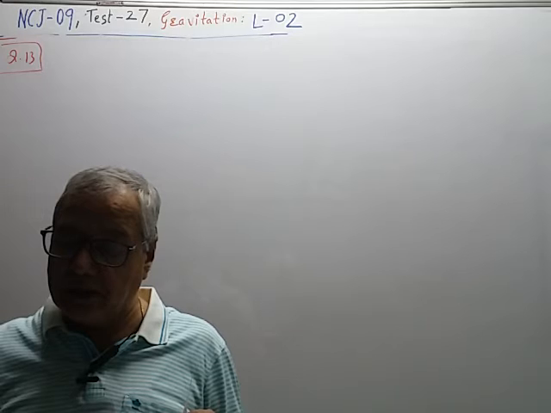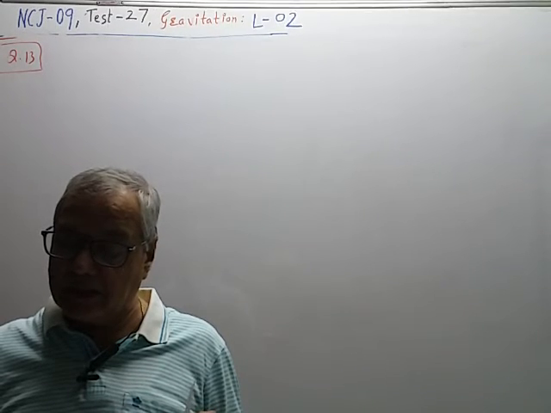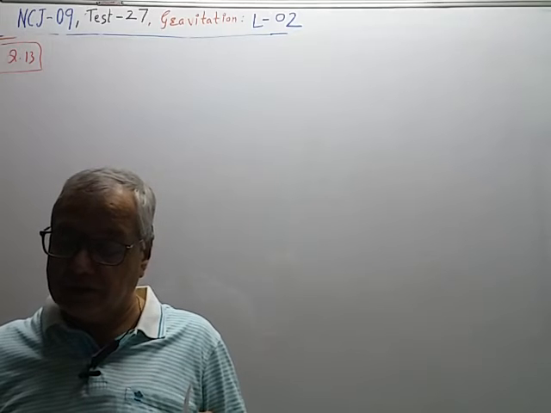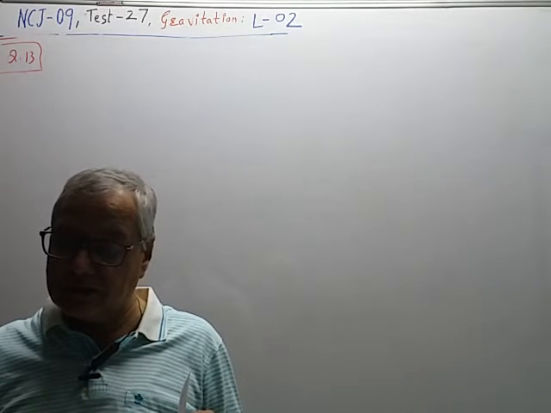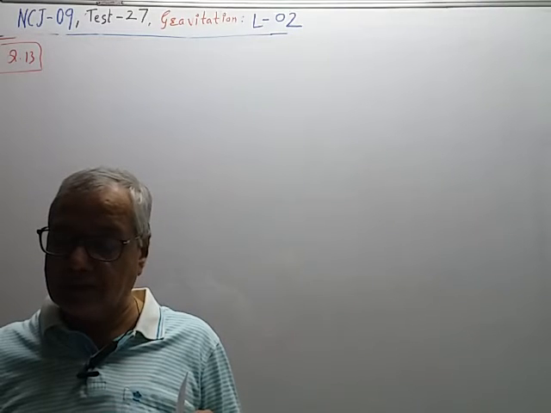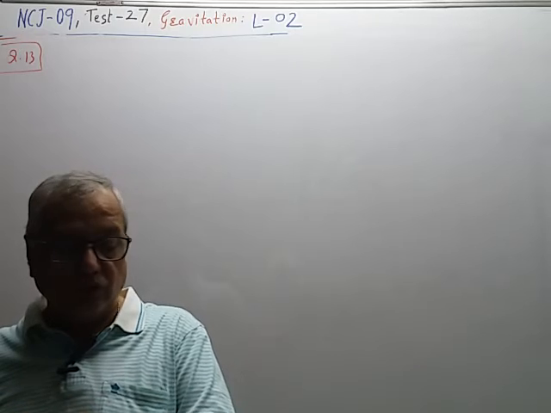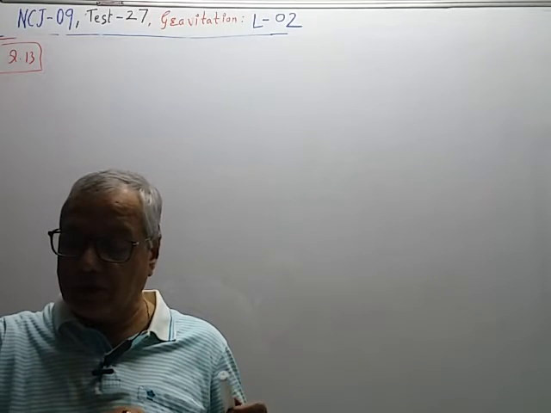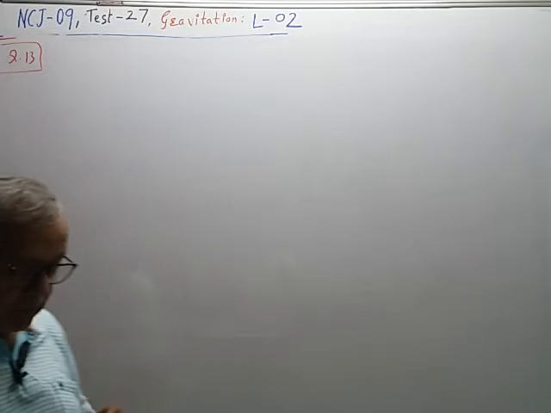Find the work to be done against the gravitational force between them to take the particle far away from the sphere. You may take G is equal to 6.67 into 10 raised to minus 11 SI unit. So capital G is given directly. So we have to find work done. The important words are to take the particle far away from the sphere.